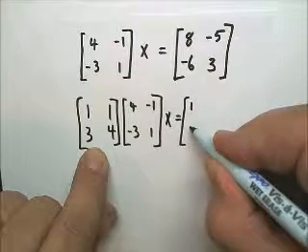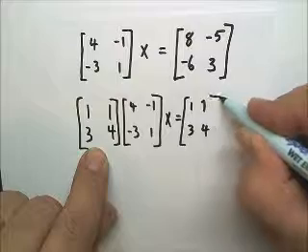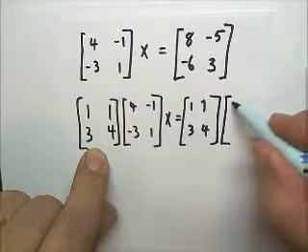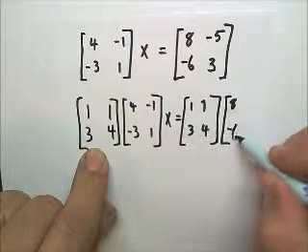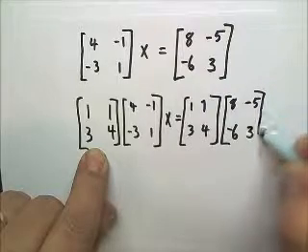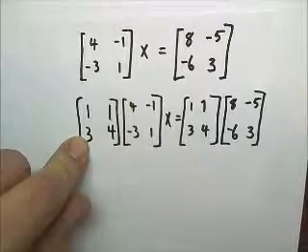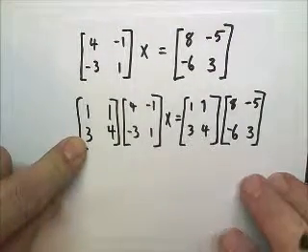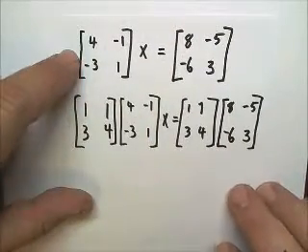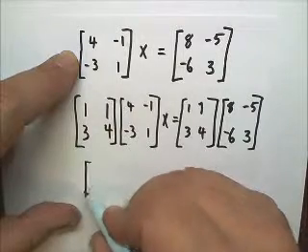So this is going to be 1, 3, 1, 4 times this matrix, 8, -6, -5, and 3. So if I figured out this inverse matrix correctly, then this times this is going to be the identity matrix. So let's do this multiplication and see what we end up with.